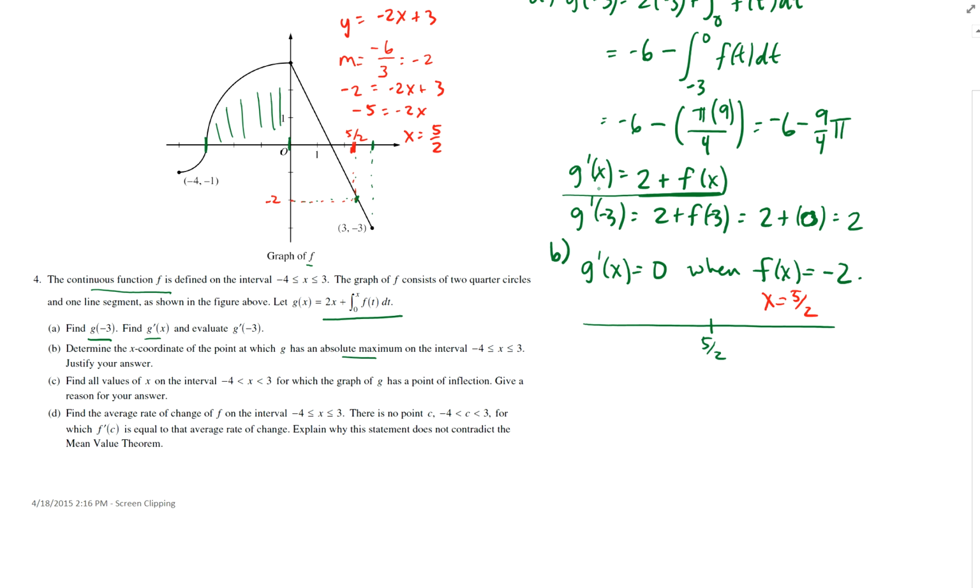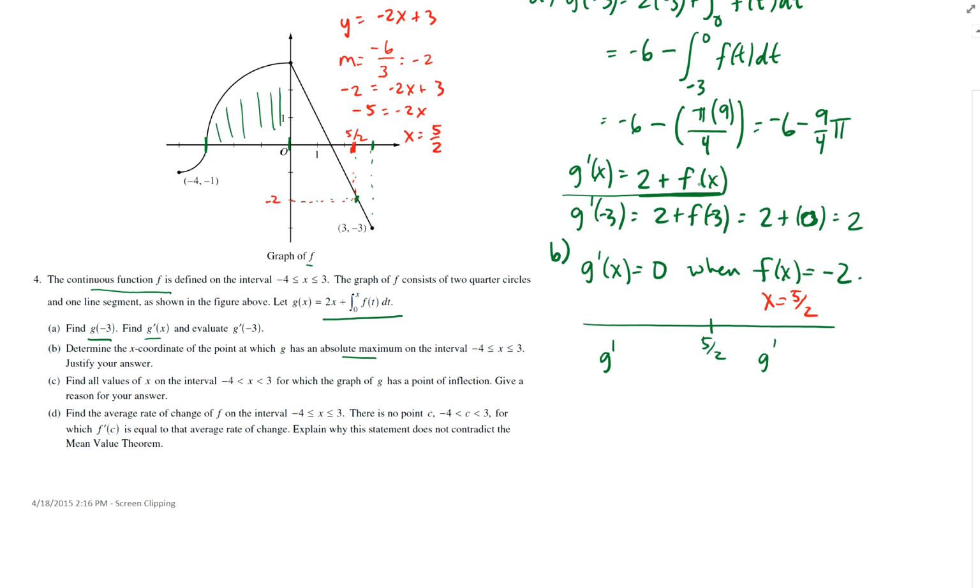Okay, what can I say about g prime? And then numbers to the right. So pick a number to the left, say 1. G prime of 1 is 2 plus f of x.